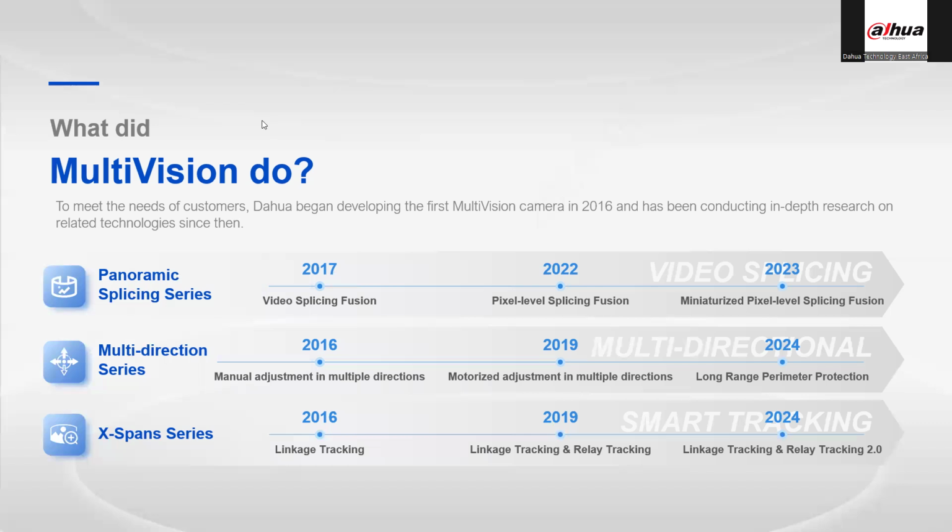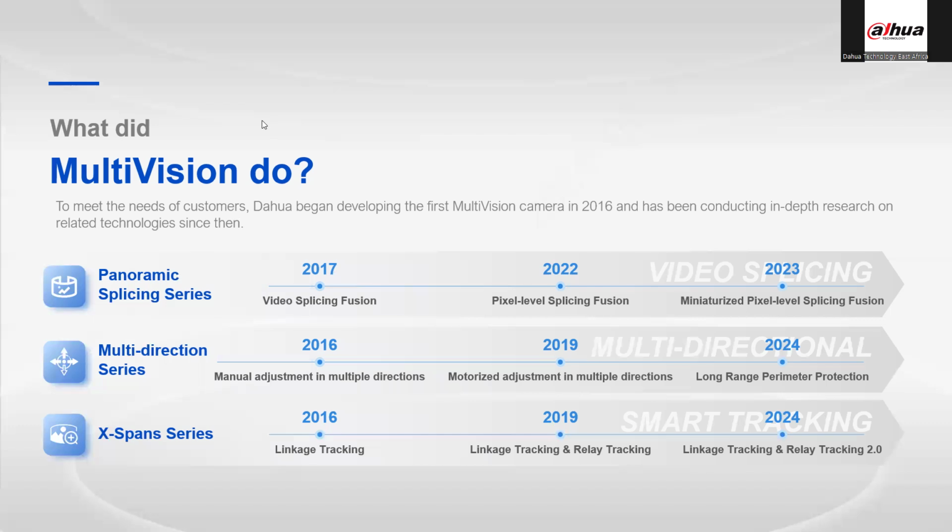So these are different technologies to facilitate generation of those seamless panoramic images. Then the other item that the MultiVision is going to provide to you is the ability of having multi-directional angles or viewing.